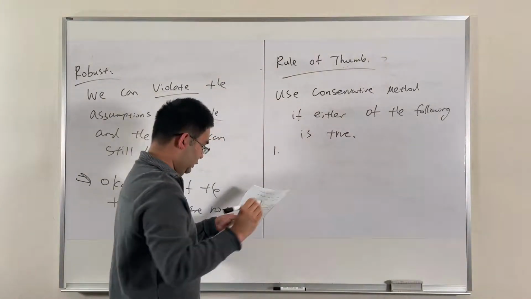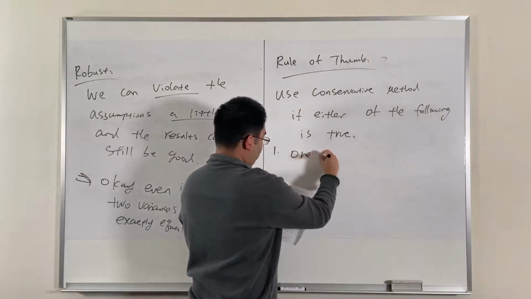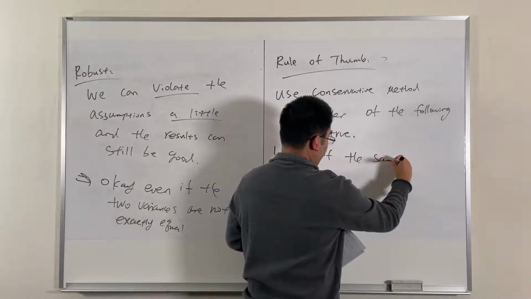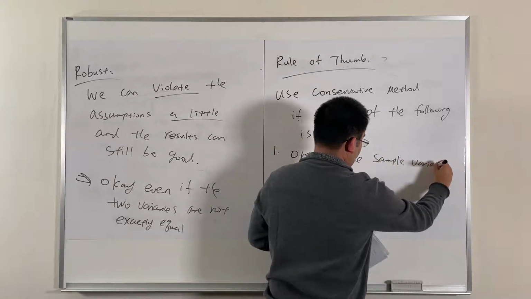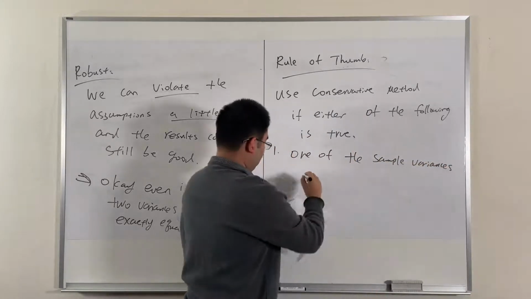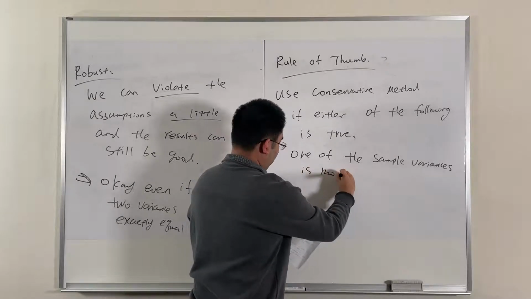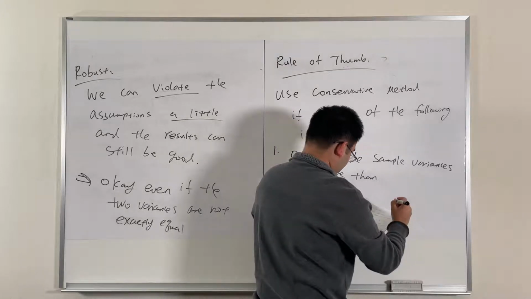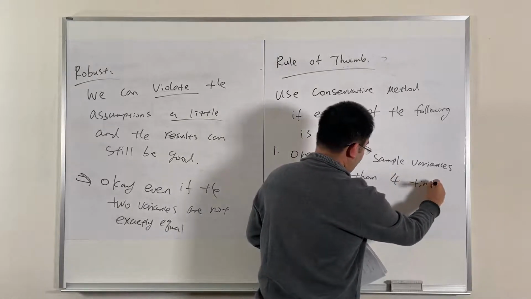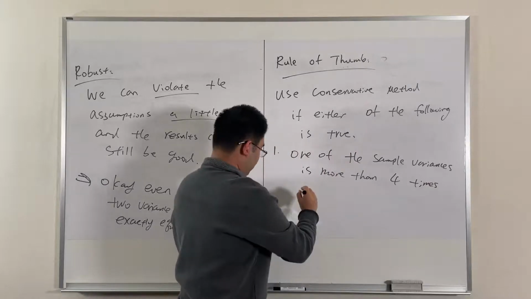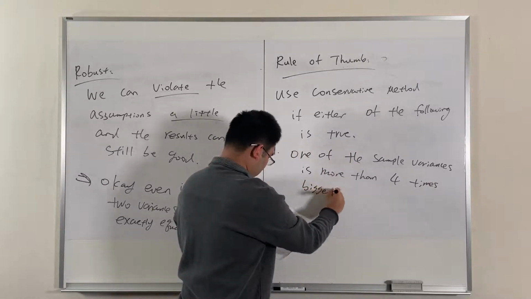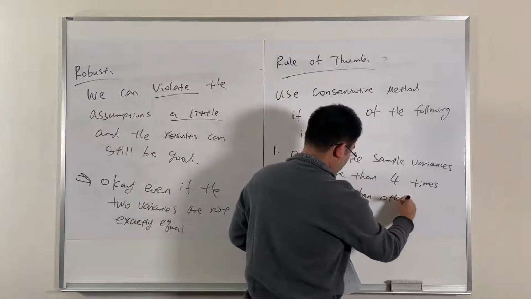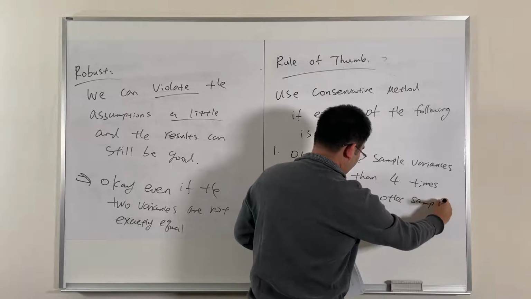First one is if one of the sample variances is more than 4 times bigger than the other sample variance.